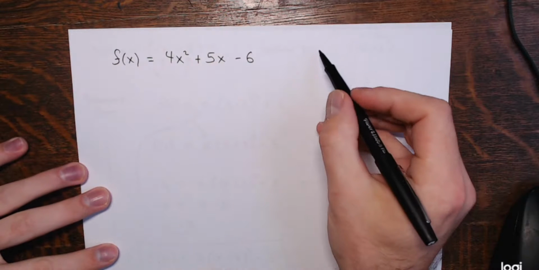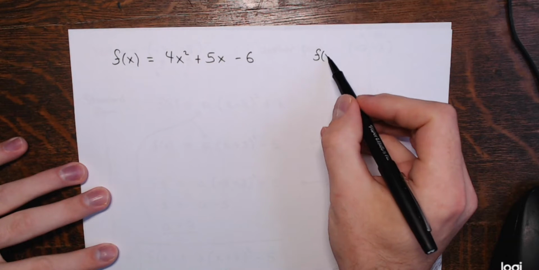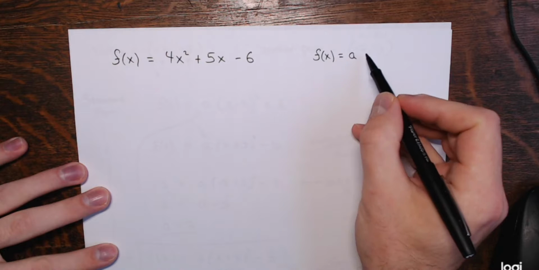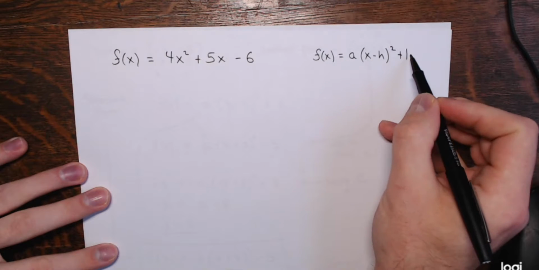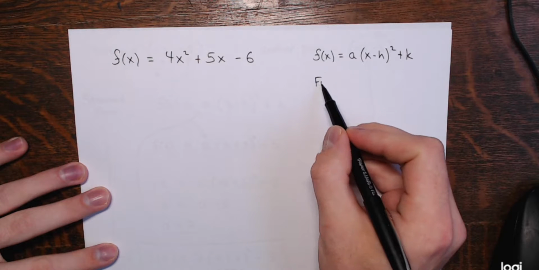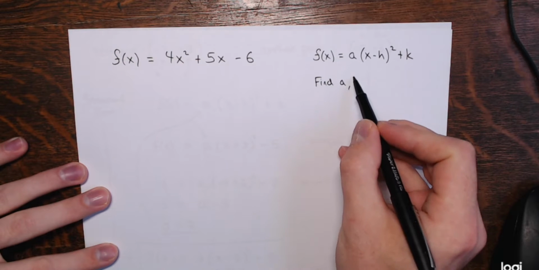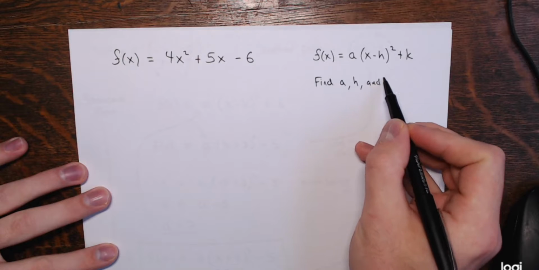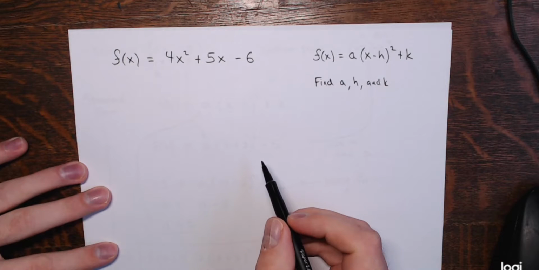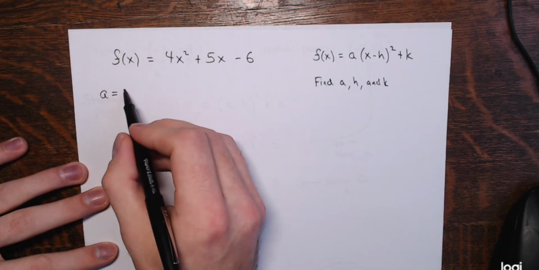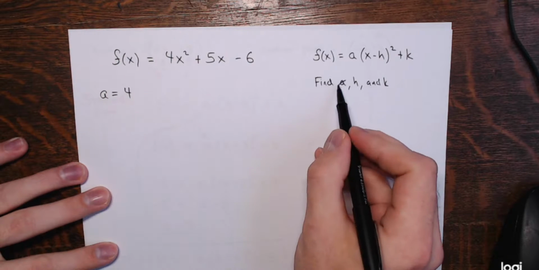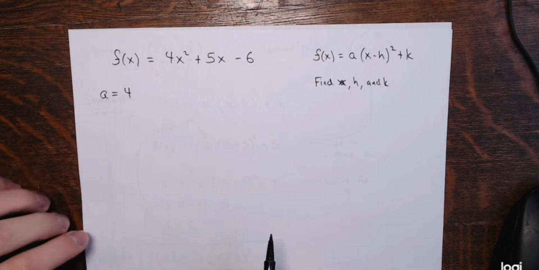And if I want to go to standard form, I'll write it out over here one more time. I just need to find a, h, and k, and then plug them in. Well, I know a already. A is 4. That's the lead coefficient.